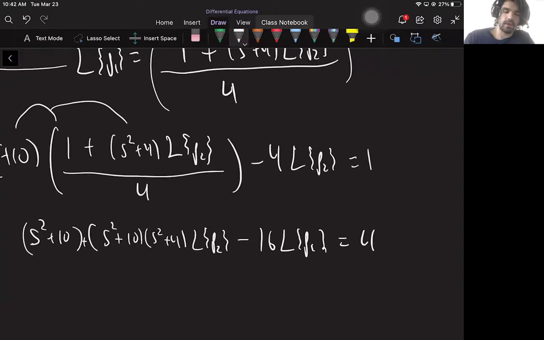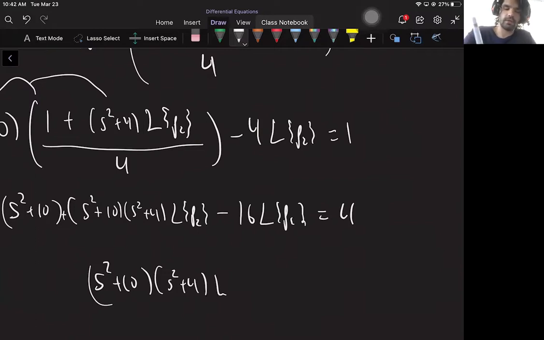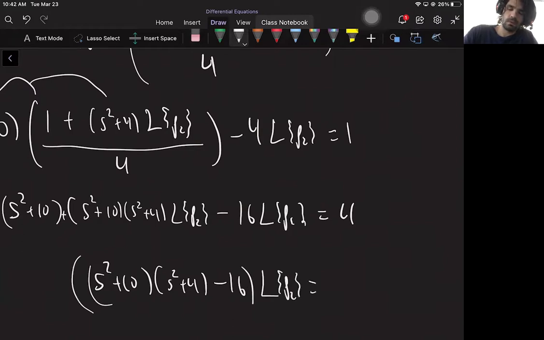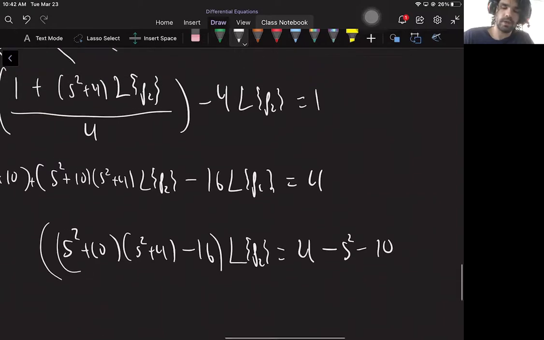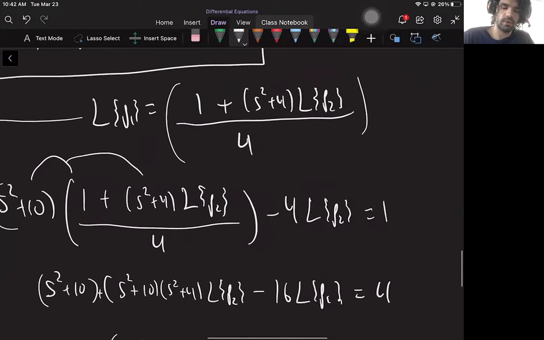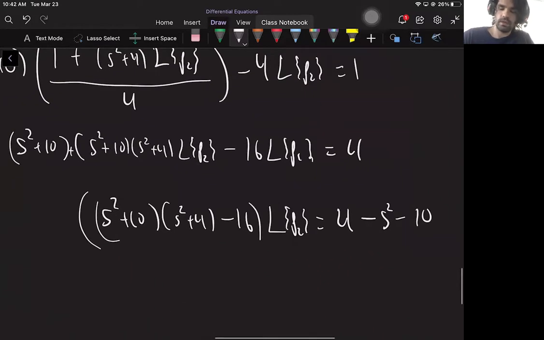Now I can subtract this s squared plus 10, and I can factor out this LP2. Four minus s squared minus 10. So far, so good. Oh wait, I multiplied everything by -4. No, I didn't. I preemptively cleared the denominators. Okay, everything's working out, I hope.